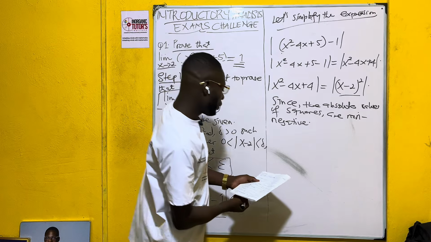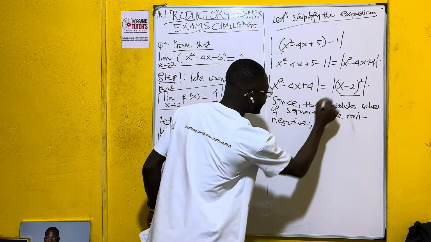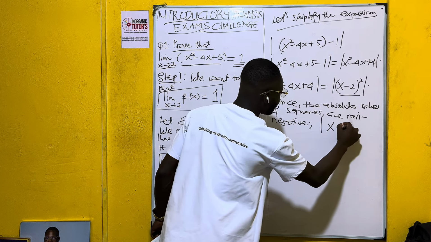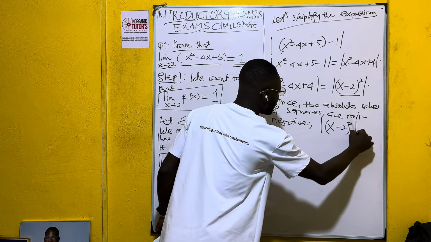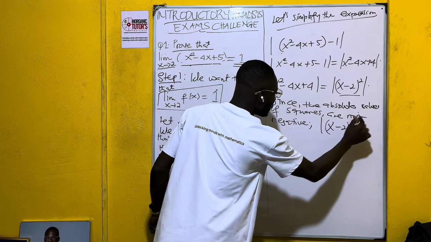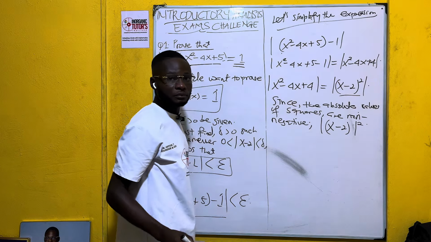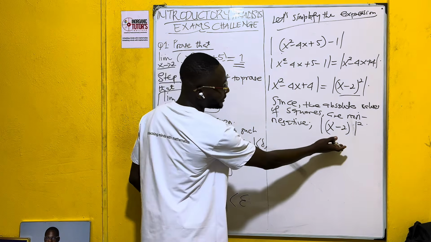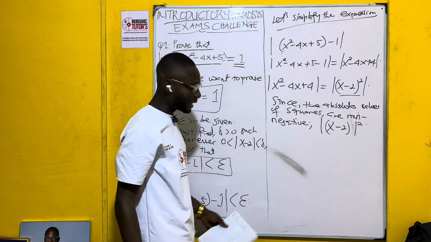So this expression, the absolute value of x minus 2 squared, is non-negative, right?